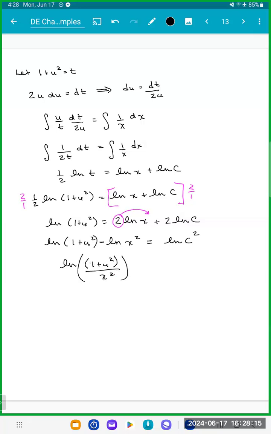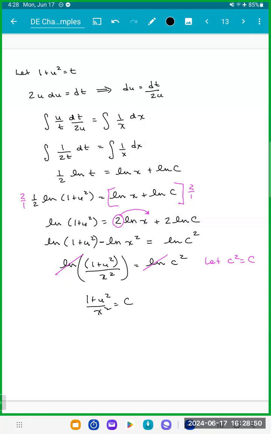Because remember the rules and properties of logarithms. When you have one logarithm subtracted from another, that's the same as division. So we can do that, and that is equal to the ln of c squared. Now at this point, we can cancel the ln on each side. And we can also let c squared equal c, which is just an arbitrary value. So we have 1 plus u squared over x squared is equal to c.